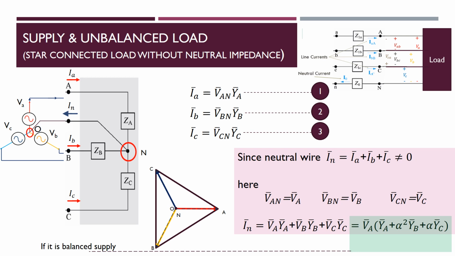If it is actually a balanced load, you may calculate using this equation: VA into (YA plus alpha squared YB plus alpha into YC). In we calculate.